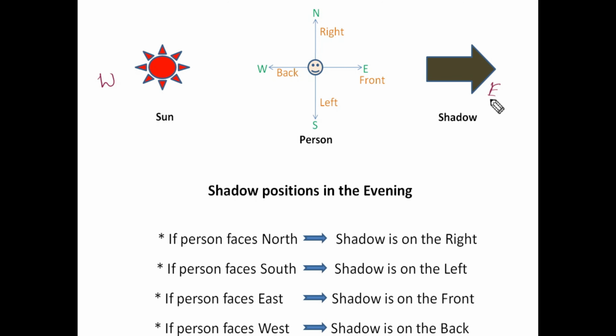Shadow is on the east direction. Suppose the person faces north, so we are seeing the shadow positions. Person faces north, shadow is on his right. Person faces south, shadow is on his left. Person faces east, his shadow is in front of him only. Person faces west, his shadow is on the back of him. Okay, now shadows concept is clear now.